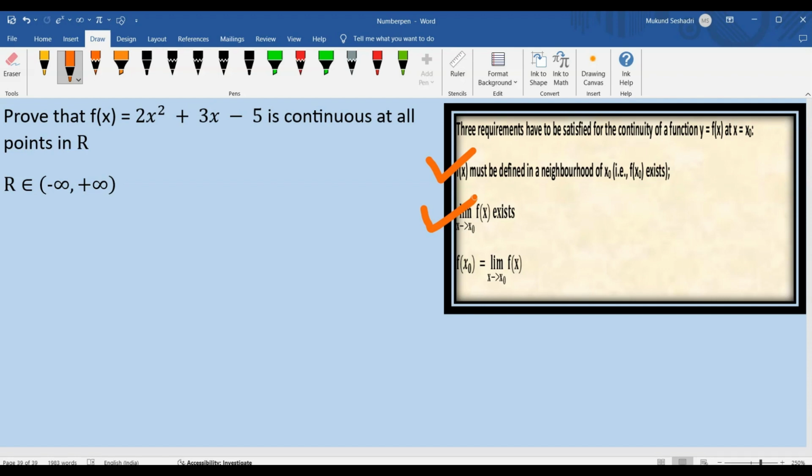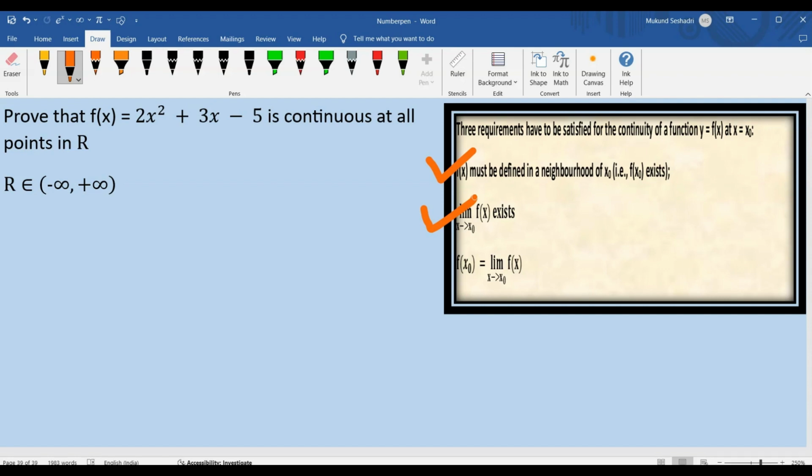Now, the third condition is nothing but a combination of conditions 1 and 2, which is for the function to be continuous, we have f of x naught equal to the limit as x tends to x naught, right? Which means the function, like I mentioned earlier, does not have a break at the point x naught.